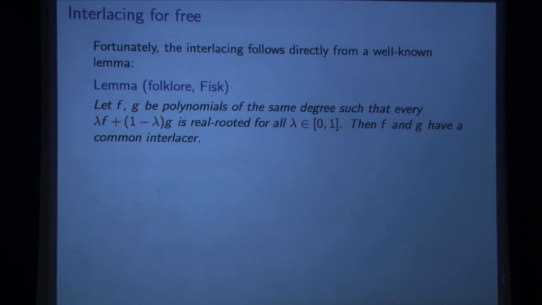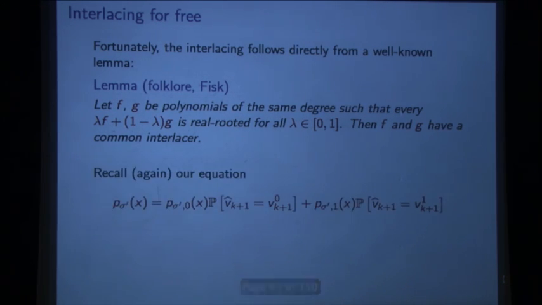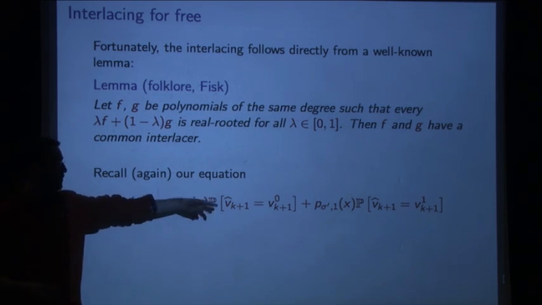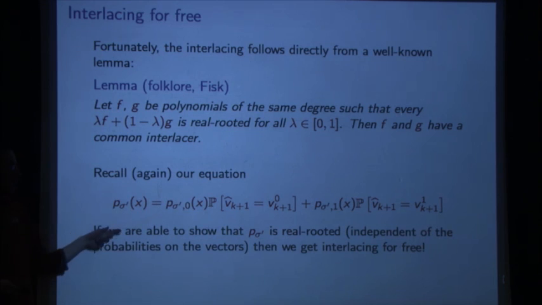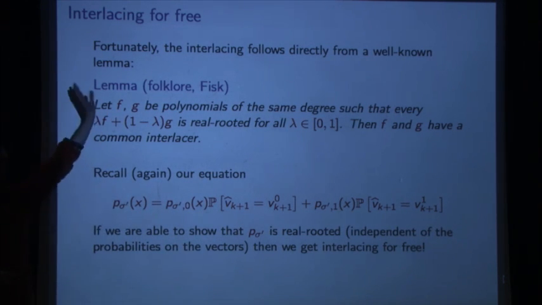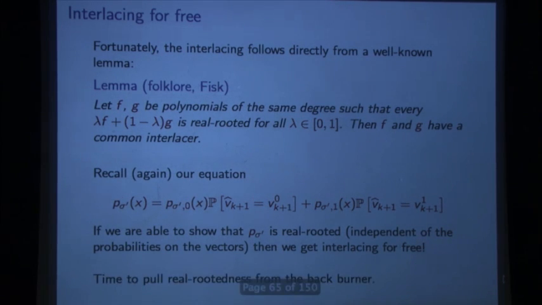You only care about the anchor. I only care about the anchor. It turns out in order to produce an anchor, we actually needed all the real roots, yeah. So recall again our equation. P sigma prime is some convex combination of these other two. So if we were able to show that P sigma prime is real rooted, independent of the probabilities, then we get the interlacing for free. Right? So I can get rid of at least one of my constraints that I need to satisfy. So now we need to start understanding real rootedness.